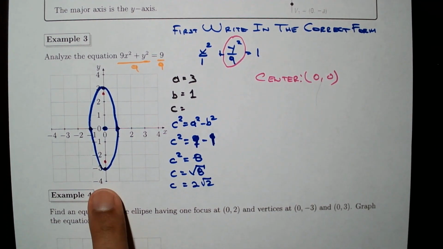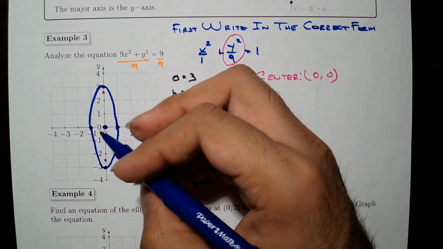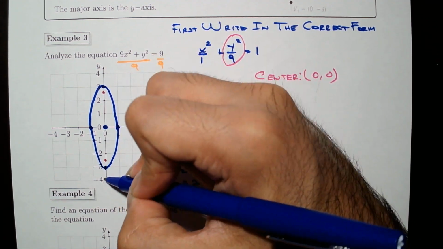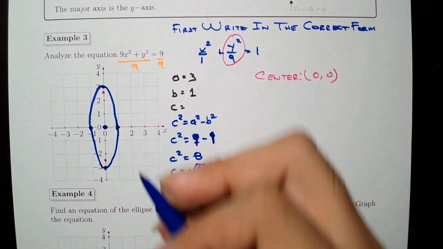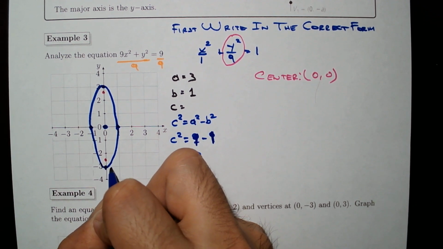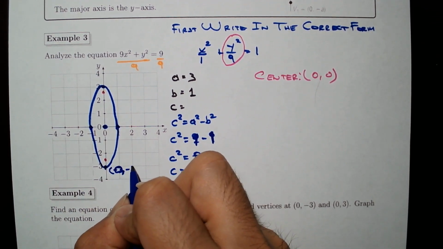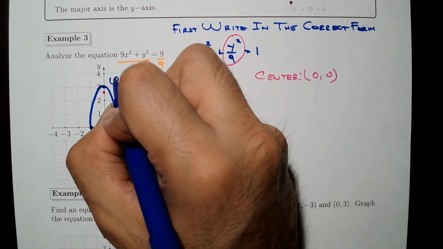Let's write down the coordinates of each of them. Keep in mind that the vertices are the endpoints along the largest axis, or the major axis. So the vertices are 0, negative 3, and 0, 3.